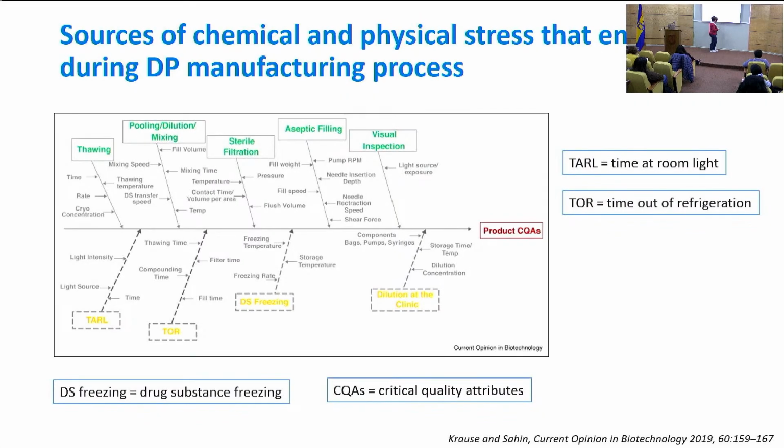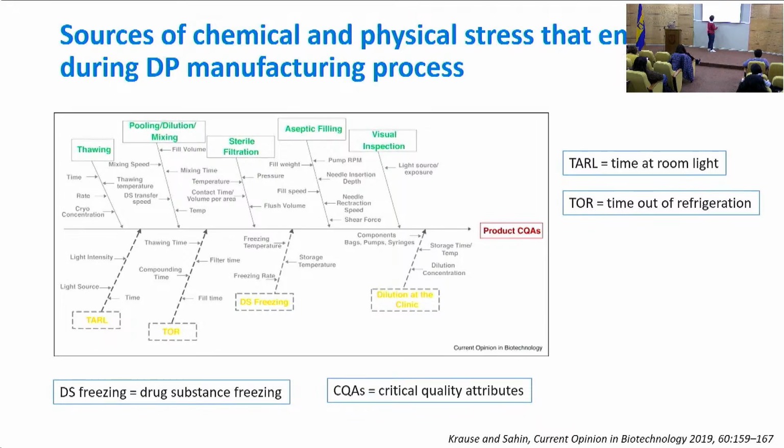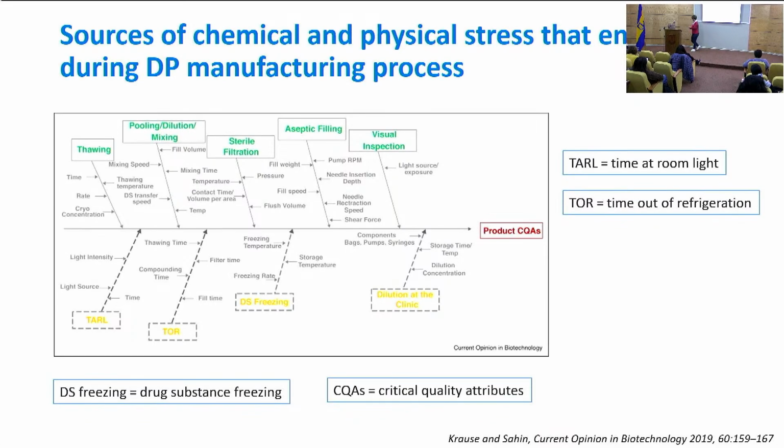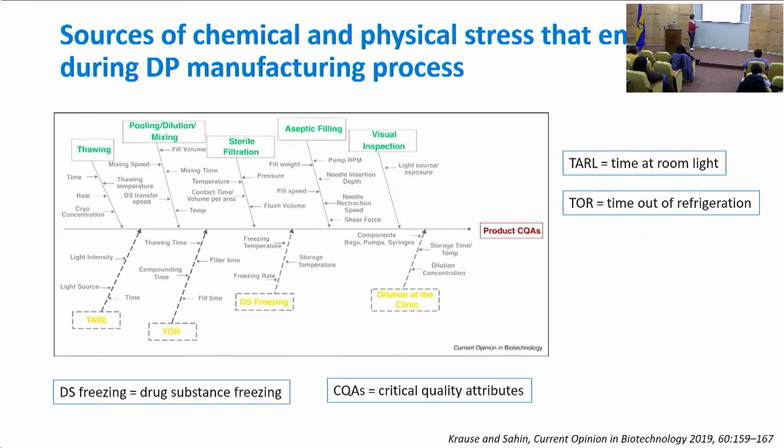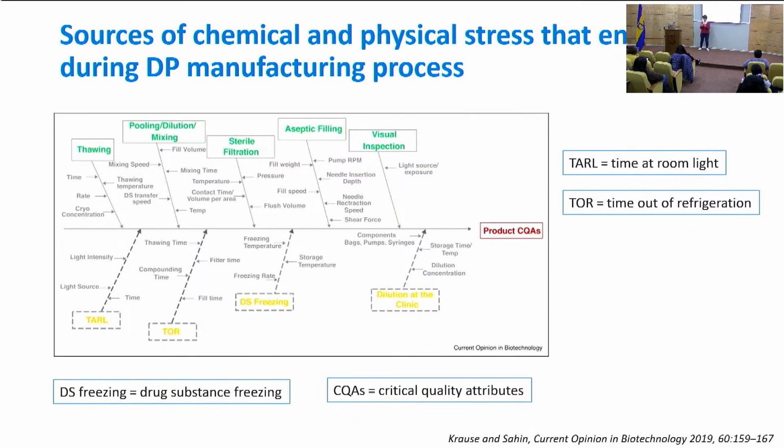And the last thing is even at the hospital, sometimes they collect the final products and they reconstitute at the hospital, and it's sometimes difficult to establish a proper quality control there.